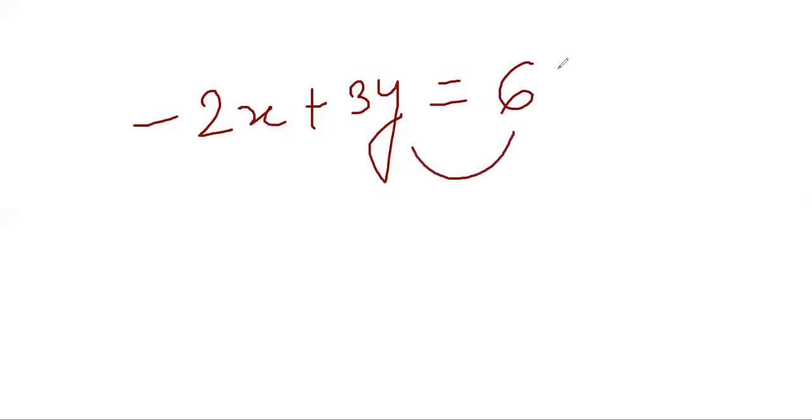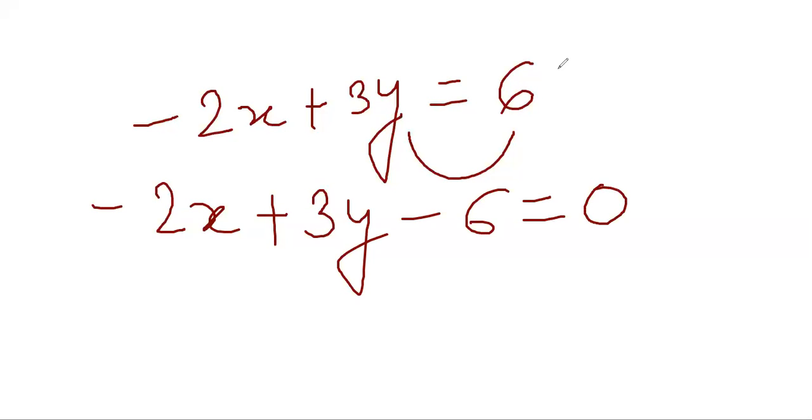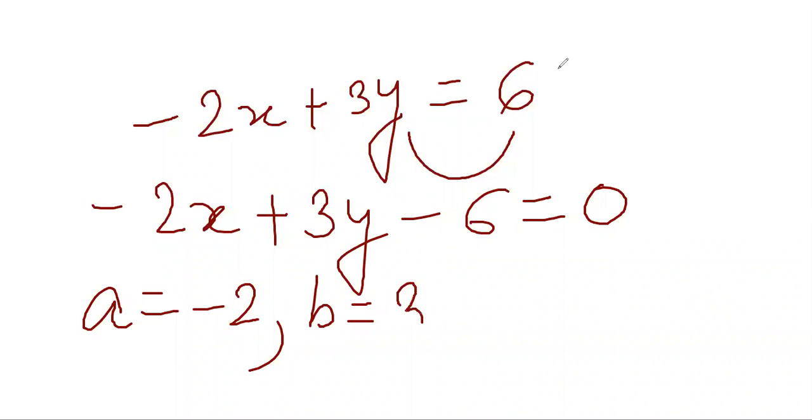So again we'll take this side 6, minus 2x plus 3y minus 6 equal to 0. This is of the form ax plus by plus c equal to 0, where a is equal to minus 2, b is equal to 3, c is equal to minus 6. Right? Can you complete this question now? So complete this exercise. It's almost same now.